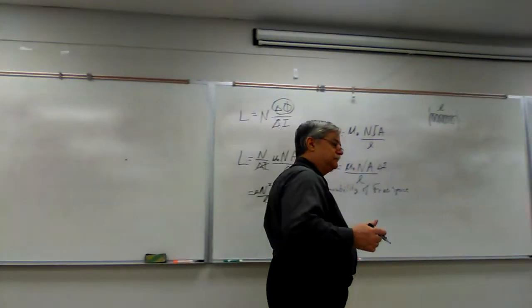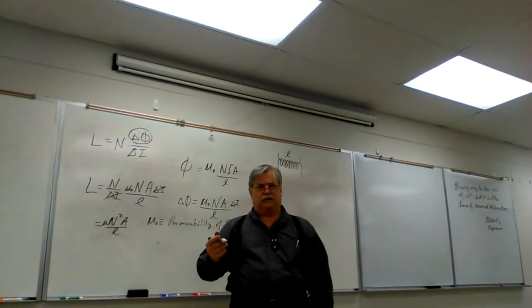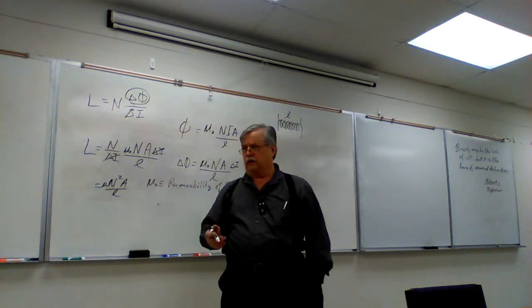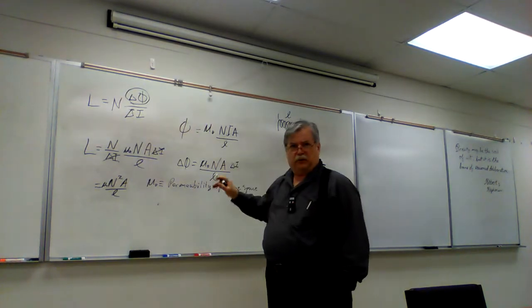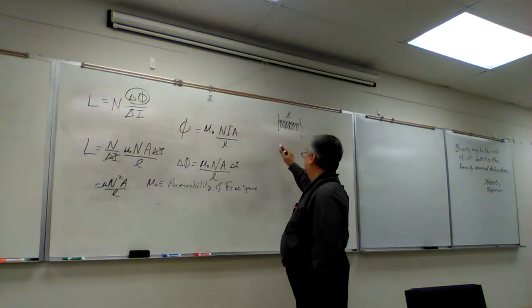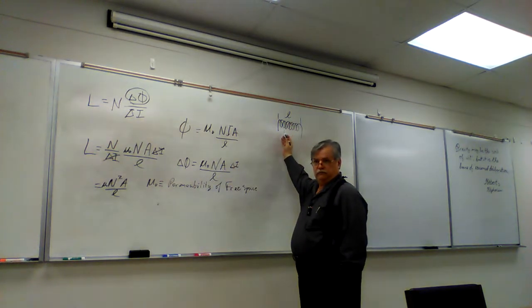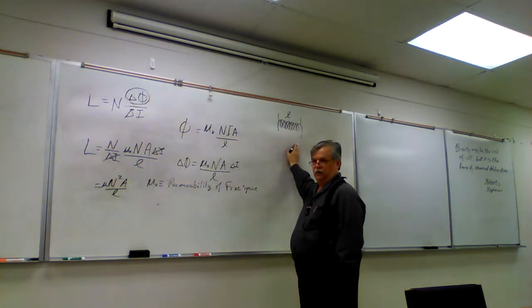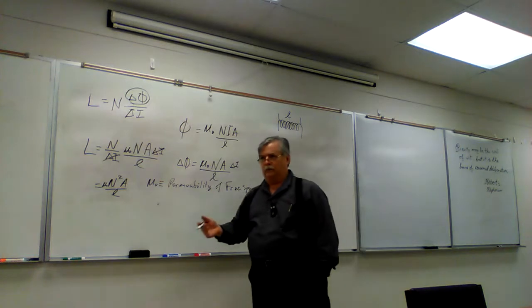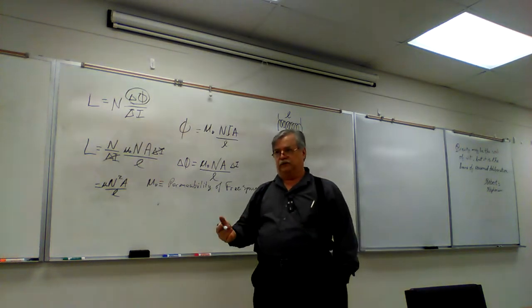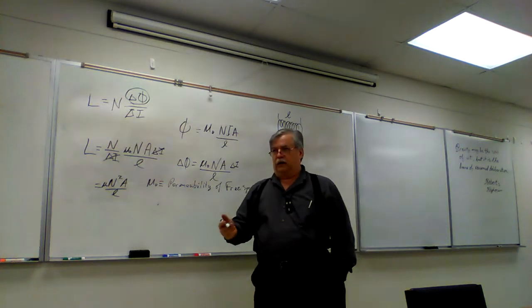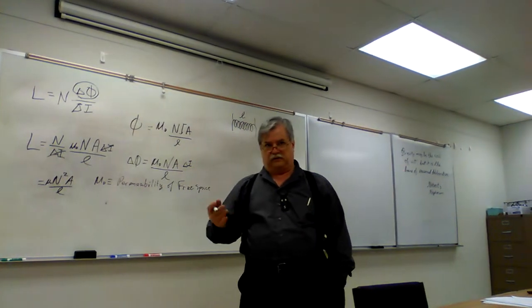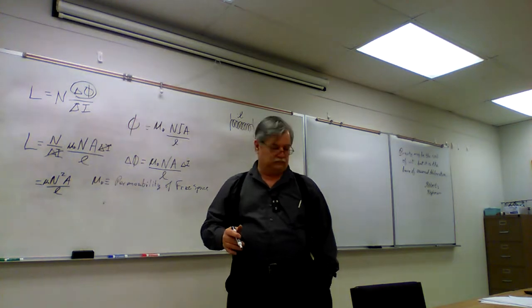Yeah, 4 pi times 10 to the, is it plus 7 or minus 7? Minus 7? Okay. But that's the permeability of free space. In other words, if this coil is an air coil, actually it assumes that the coil is in a vacuum, but it turns out that the permeability of the atmosphere is very nearly equal to the permeability of free space. So again, one of those things that we're probably not going to be concerned with.